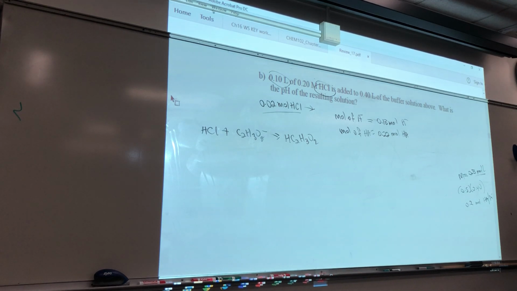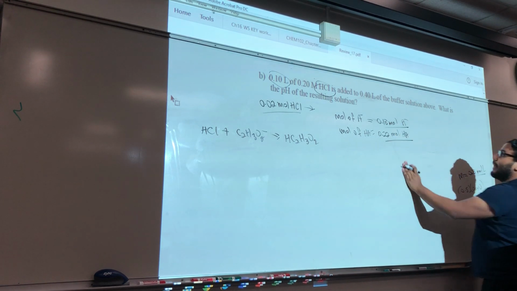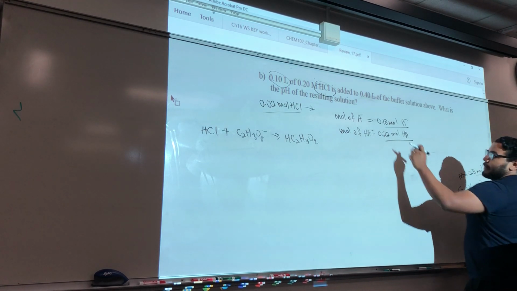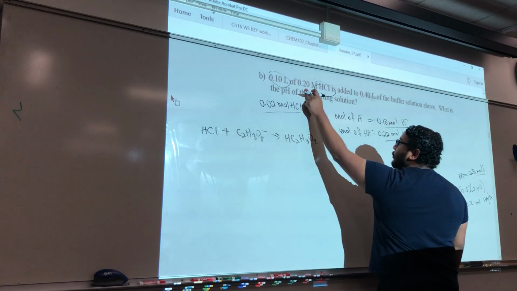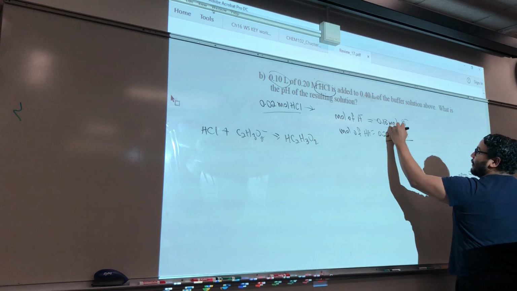All right, so then we need to get the pH. We need to divide by the entire volume of solution and plug that into the Henderson-Hasselbalch equation. The total volume is 0.5 liters; I'm really bad at math today.